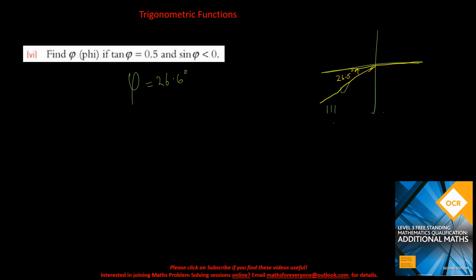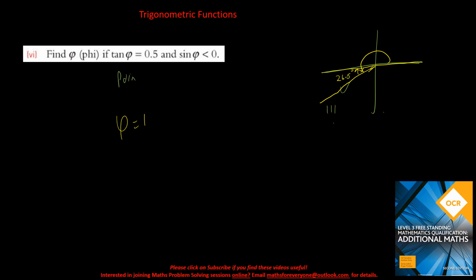If that is 26.6, then what is my phi? Again this, so it's 180 plus 26.6 degrees. This is a bit confusing, so I can say principal angle. I'm sorry for writing it in that way.